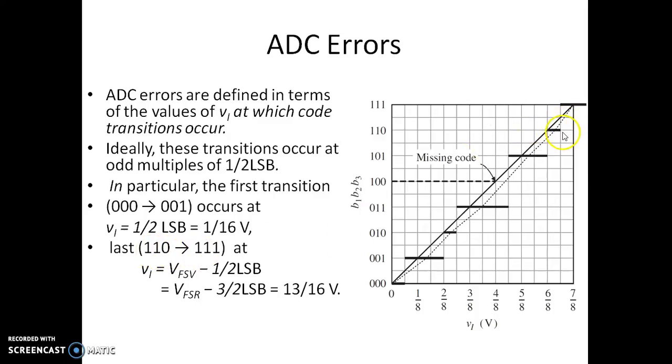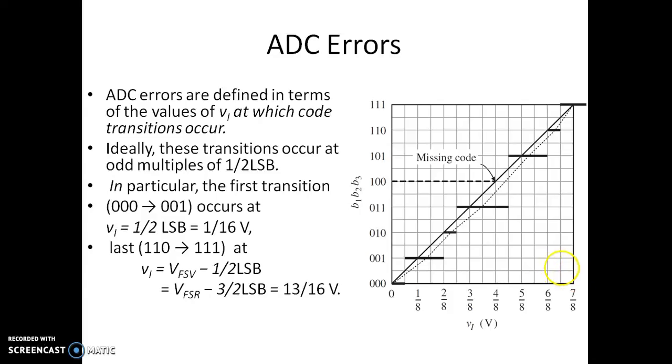Similarly, see here, the last transition from 110 to 111. This is 110. This is 111. At what input voltage is this transition happening? This transition is happening at 13 by 16 volt. That is VFSR minus 1.5 LSB, because we know that VFSV and VFSR have a difference of 1 LSB.